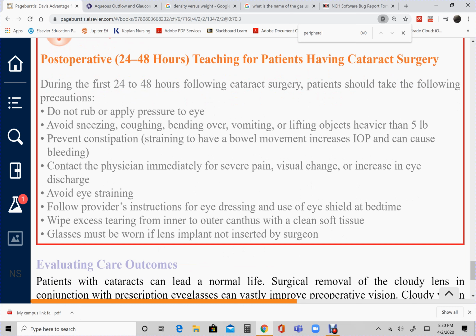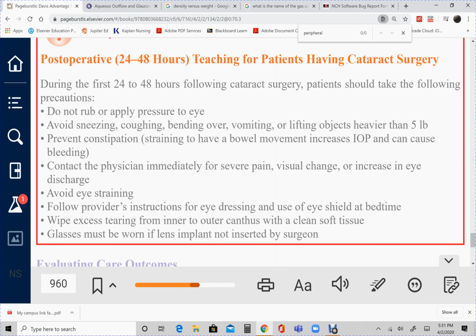There will be no other repetition of this chart as we discuss surgical management for the other disorders, like for glaucoma, for instance, and retinal detachment and retinal tears later, or even for macular degeneration, because that disorder also involves laser surgery. So during the first 24 to 48 hours following cataract surgery, or you can remove cataract surgery there, that will again apply to all eye surgeries. These are simple to read, so please read them on your own.